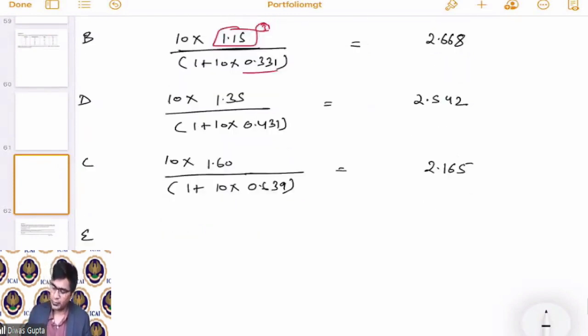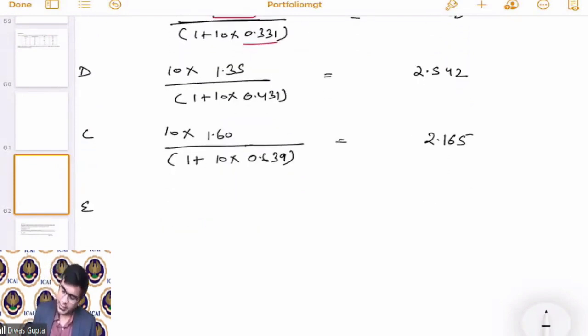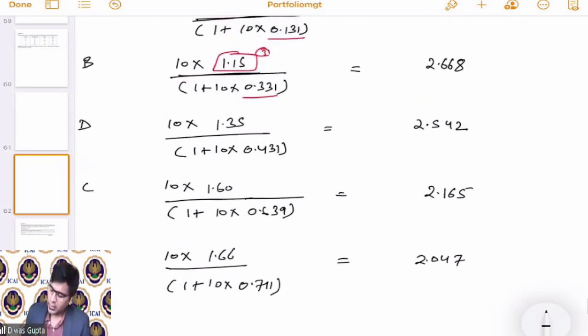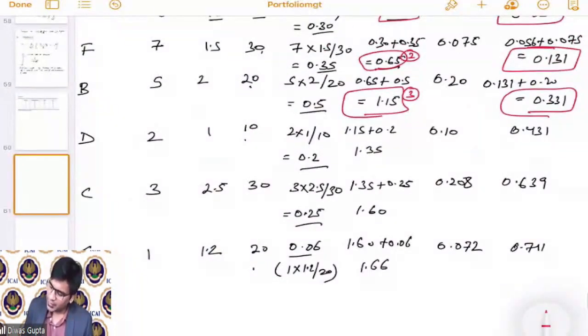Okay, and last part, which is 10 multiplied by 1.66 divided by 1 plus 10 multiplied by 0.711 is equal to 2.047. Now, if we see this, 1.35 comes from the fourth reference, which is this.